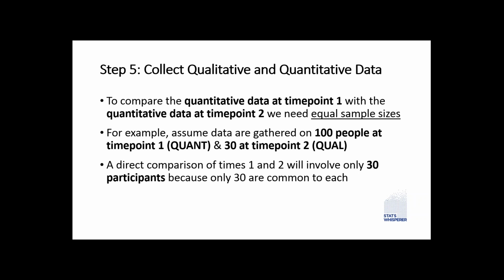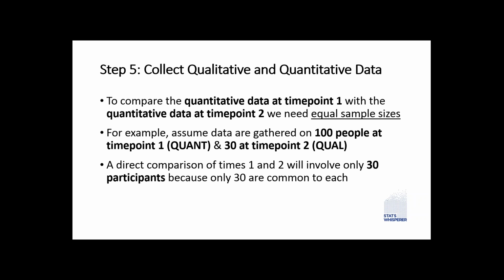Now, the thing to keep in mind is if it's a different size sample for the qualitative and quantitative, that impacts analysis. For example, if we have 100 people at time point 1, the quantitative, and at time point 2 for the qualitative, there's only 30, you can only make a direct comparison between the quantitative and qualitative data for 30 people, because there's only 30 people common to each time point.